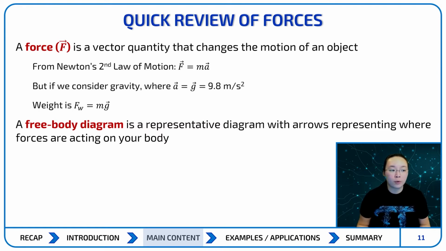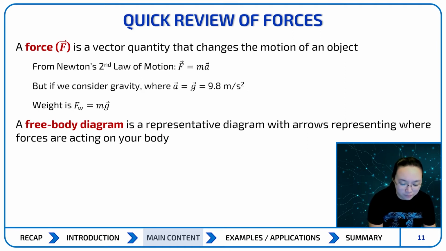Next, it's really important that you know how to draw a free body diagram. A free body diagram, or FBD, is a representative diagram with a bunch of arrows representing what forces act on your body or on the object and in what directions. So I just want to briefly draw something here.